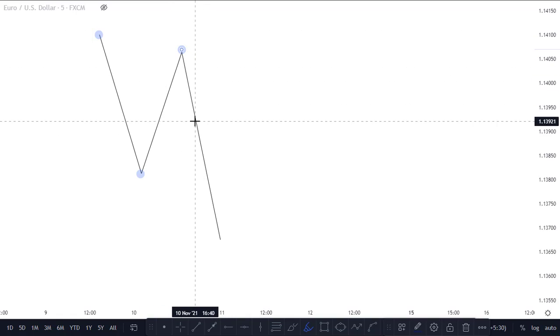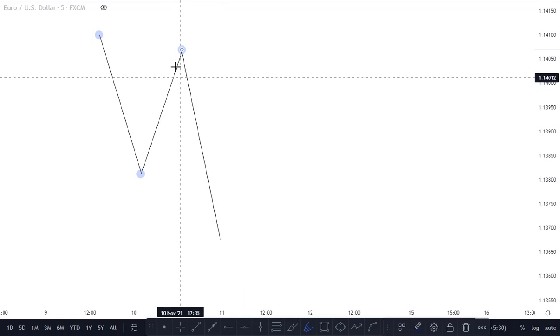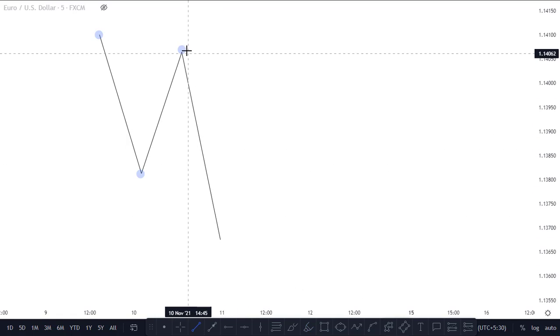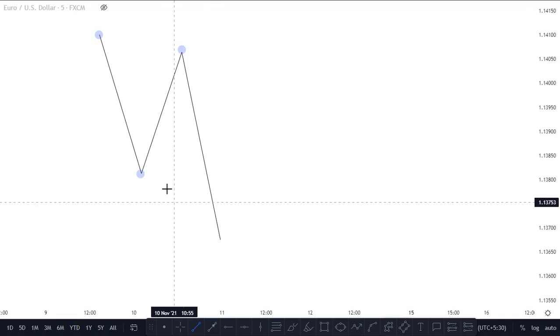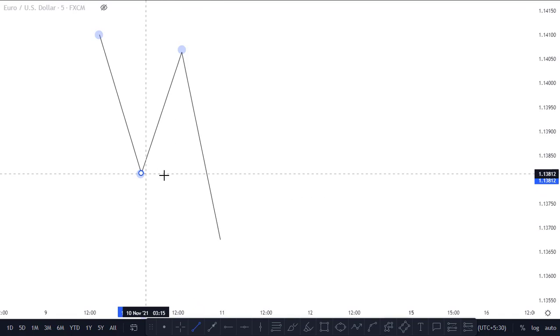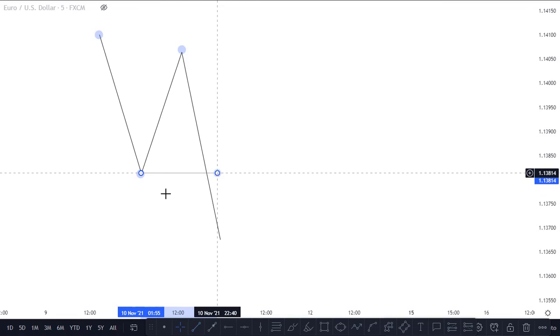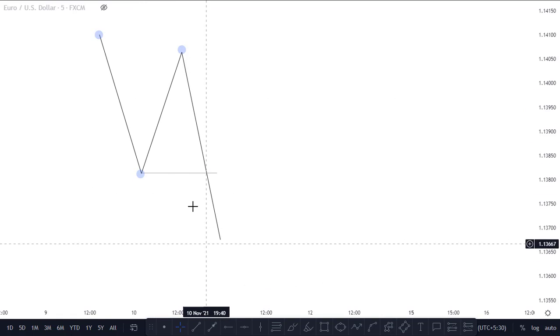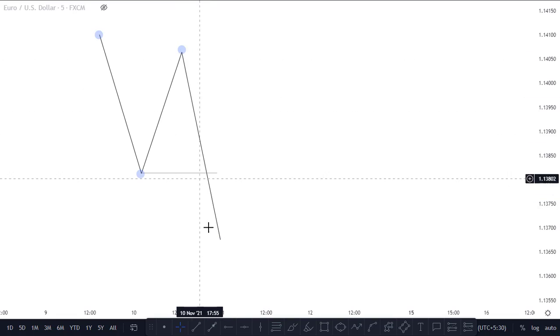But as long as the market decides to go down and it breaks this structure low, this time we know the intention of the market is to create a downtrend.